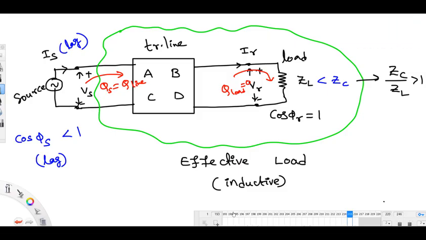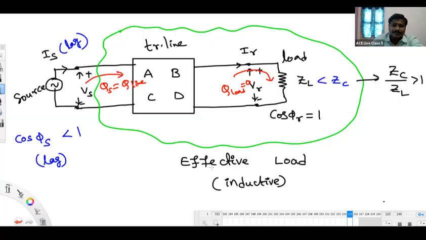Okay, sir. Only in the surge impedance condition, ZL equal to ZC, will you get delta equal to beta L. In other cases, you may get it more than beta L or less than beta L. So we are considering it only as delta in other cases. Yes, always it is delta. Okay, sir. That's it, sir. Thank you, sir.